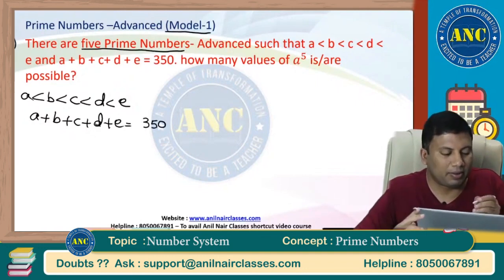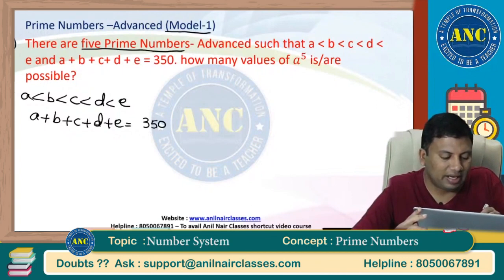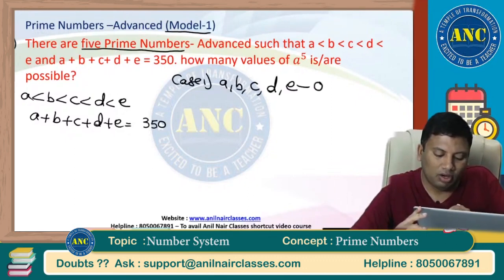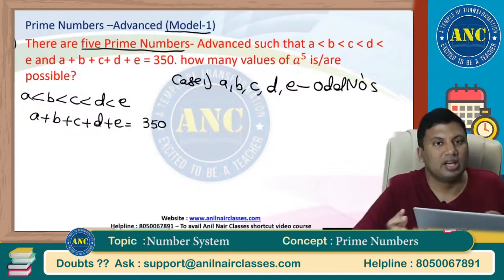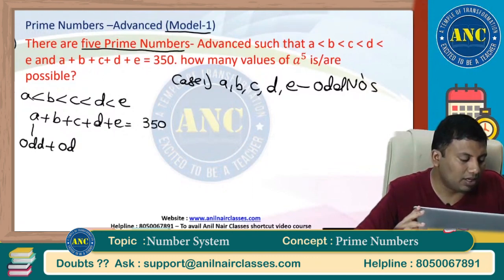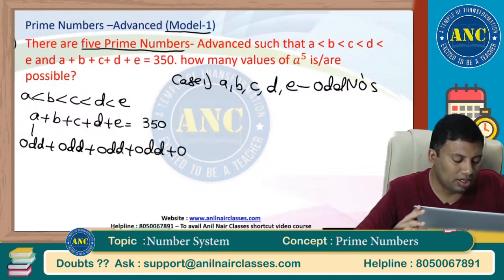Case number 1: if all of them are odd numbers, let me see what will happen. I am excluding the 2 case. If A, B, C, D, E are all odd numbers, you don't need to write it.